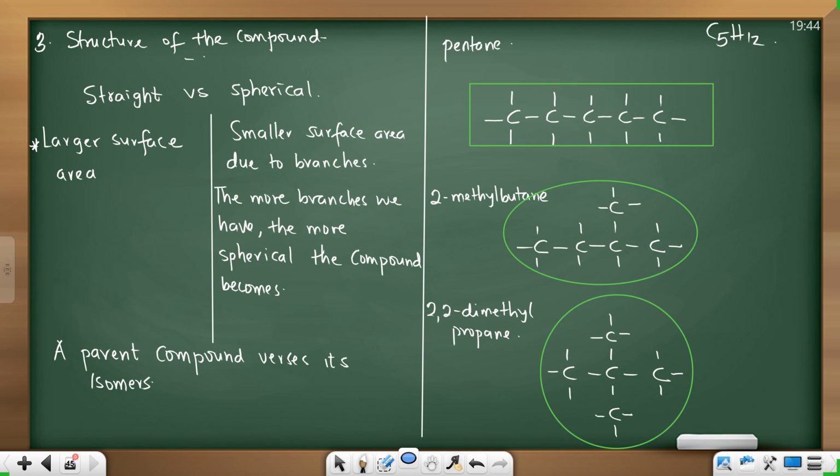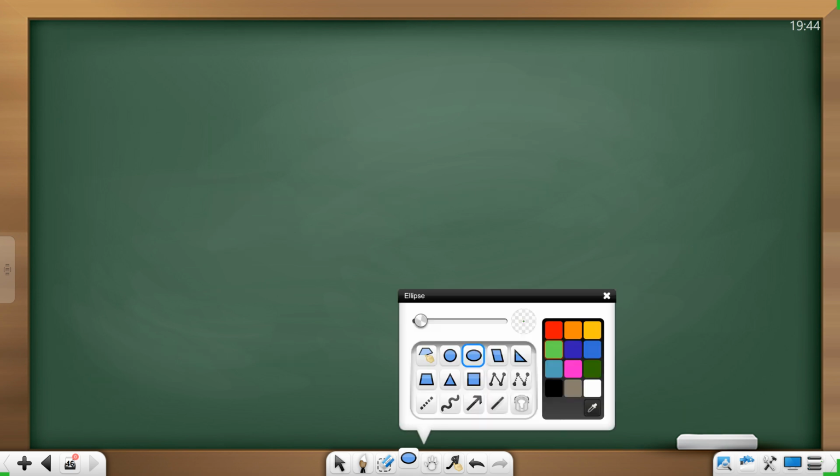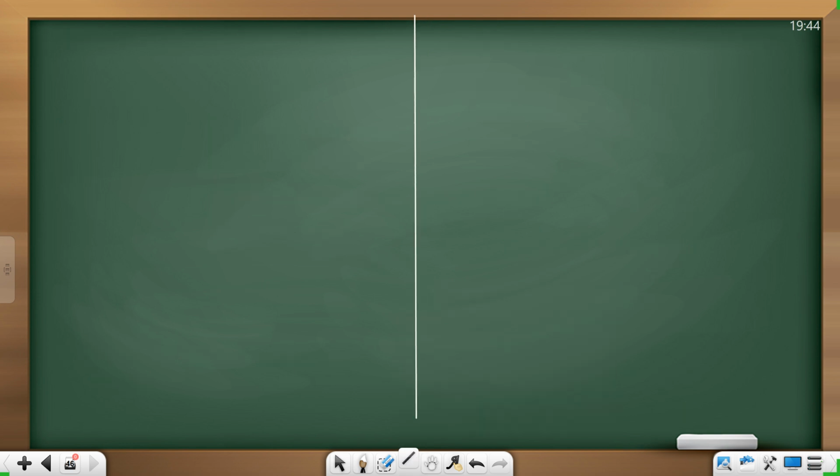Which one has more? Unfortunately, I can't squeeze it on that page, so I have to go to a new page. Okay. Straight chain, let's write quickly.